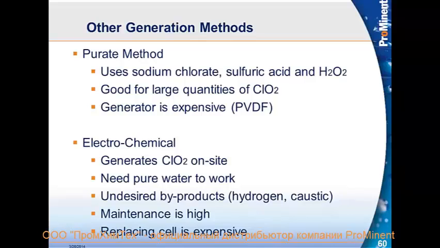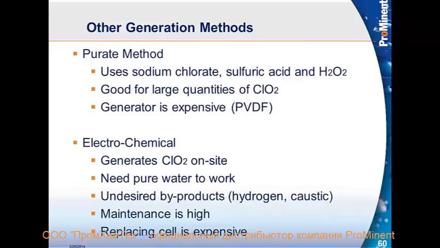There's also an electrochemical method, and that generates chlorine dioxide on site. Typically, they need pure water to work, so you have to do a pre-filter before you even get it into the system. It does give you undesired byproducts, such as hydrogen, which can be explosive, and caustic, which you have to somehow get rid of.